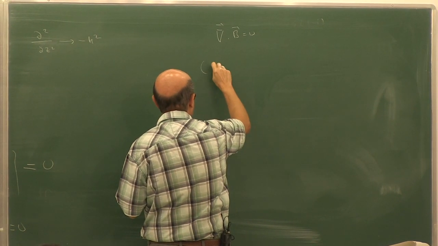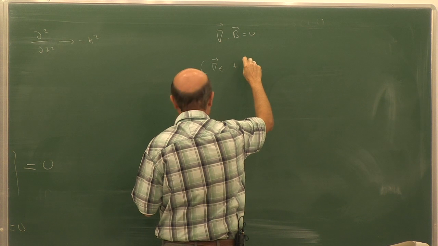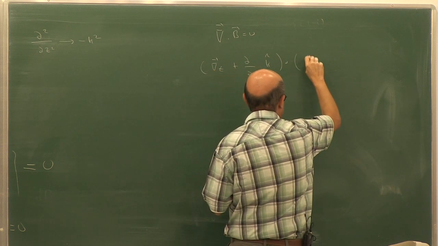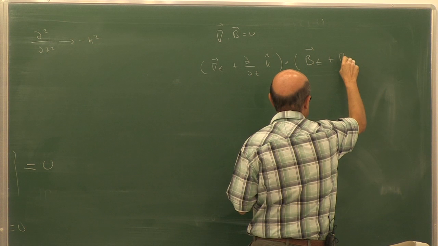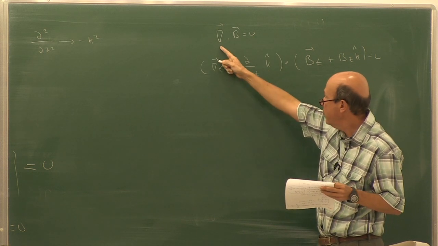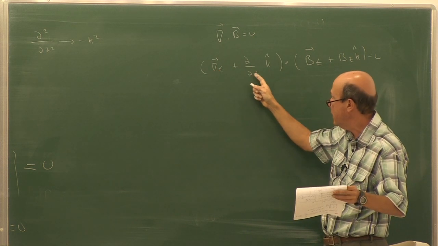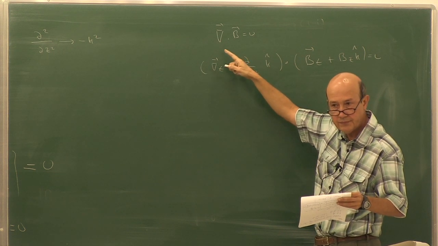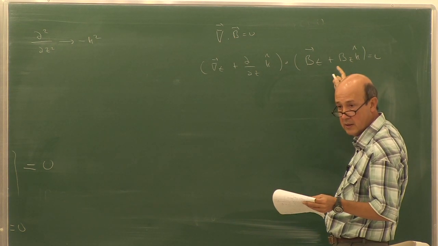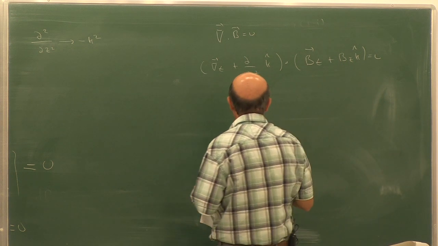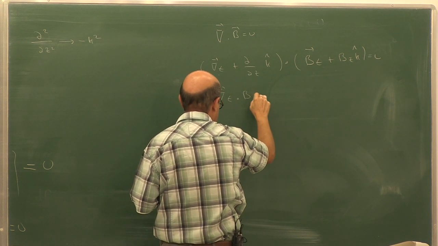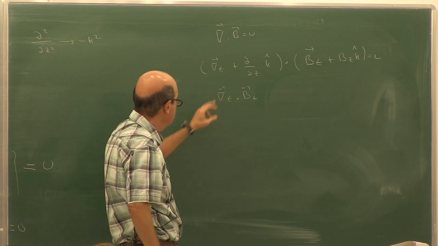The gradient can be written as the transverse gradient plus del over del z, k, dot product with B transverse plus Bz k. The divergence of B is then del transverse dot B transverse, which is the first term.